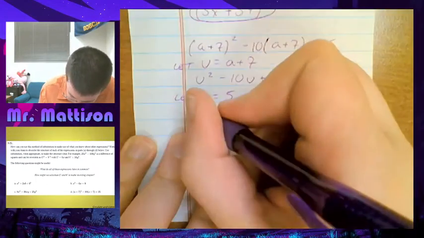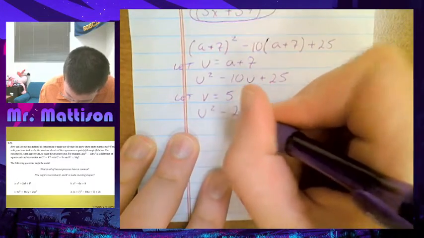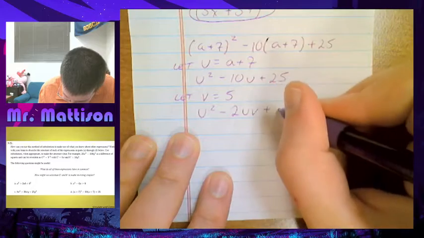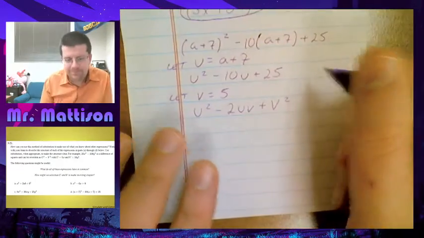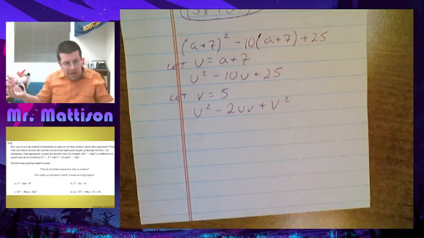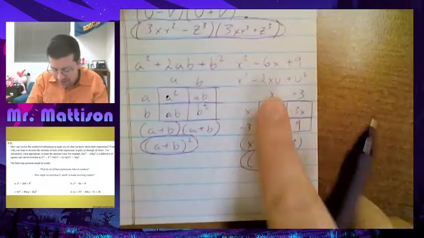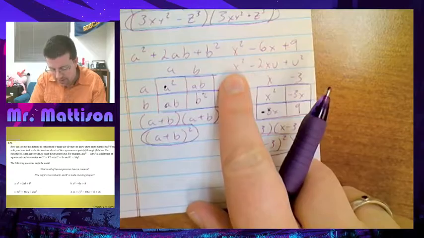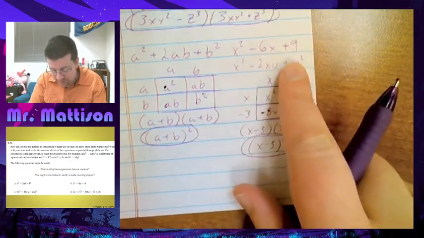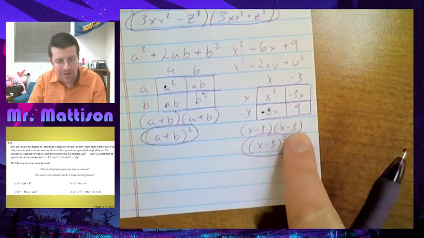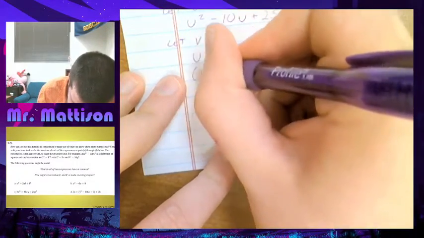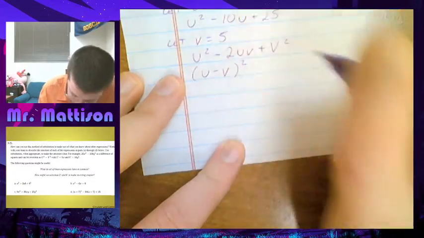Well, then this becomes u squared minus 2uv plus v squared. And now I have that same pattern which I've been seeing, right? I have the same thing as I had right over here because it's negative. So it's going to be u and v being subtracted to the second power. So that's going to factor into u minus v squared.